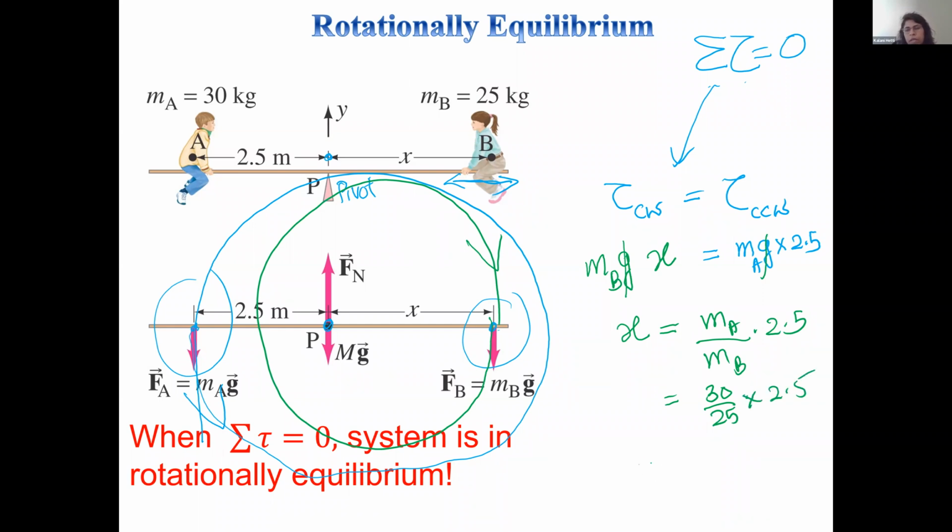If you do the calculation by calculator, you're going to get 3 meters. That means if the girl sits at a 3-meter distance, then your seesaw will be flat. That's how you use the equilibrium condition to solve this kind of problem.